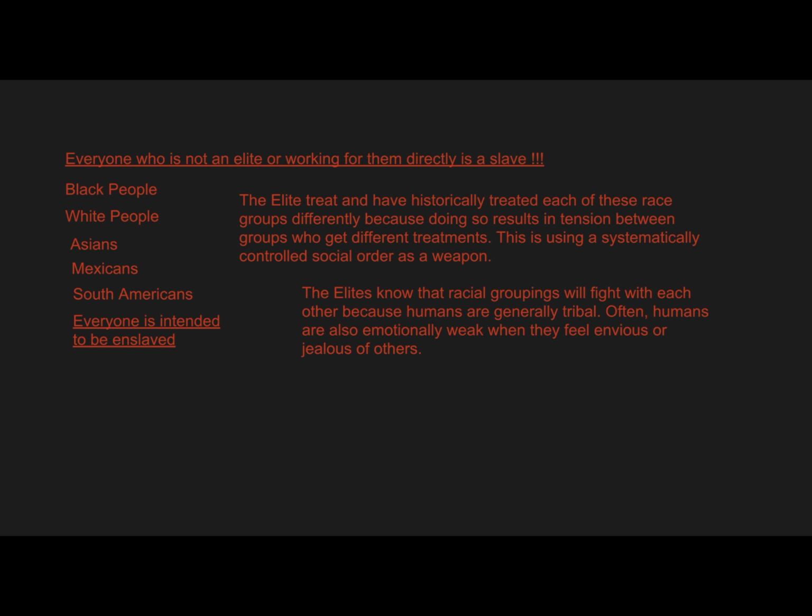It's all systematically contrived to divide people, to make people envious and jealous of each other. There are no exceptions. If you're not an elite or working directly for them, you are a slave. Black people, white people, Asians, Mexicans, South Americans, the pygmies, they are all intended to be slaves.